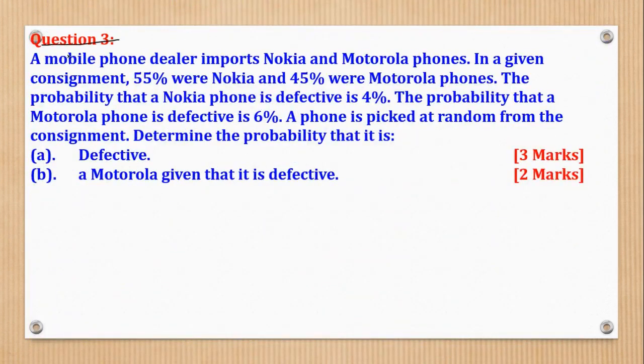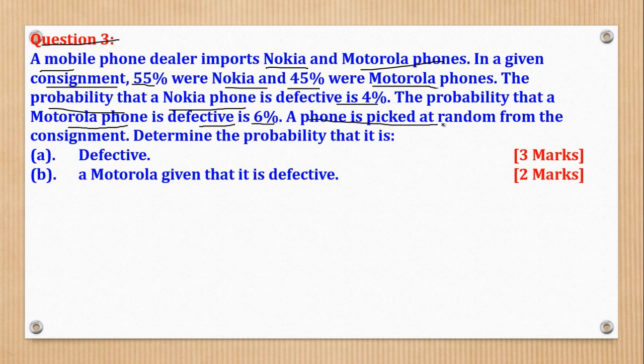Then question 3 says a mobile phone dealer imports Nokia and Motorola phones. In a given consignment, 55% were Nokia and 45% were Motorola phones. The probability that a Nokia phone is defective is 4%. The probability that a Motorola phone is defective is 6%.